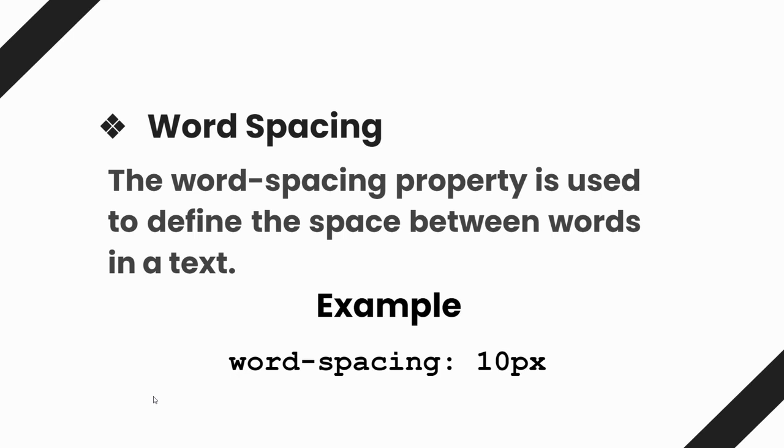So by using this example, you're going to have 10 pixels worth of space added in between each word that is being rendered on the screen. That's what the word spacing property actually does in CSS.